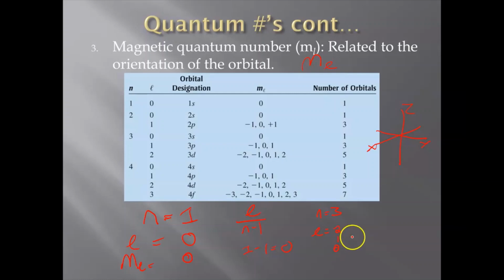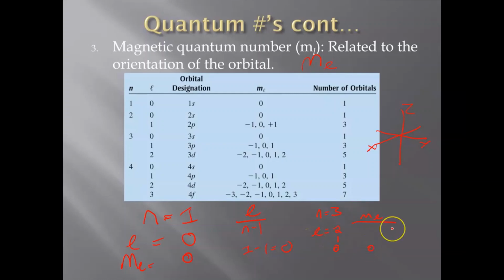Now, as we look at the m sub L values, they become a little bit more involved. You pay attention to the value that your n equals 3, then you have L's 2 and 1 and 0. Let's start off with L equal to 0 because we know what that is.